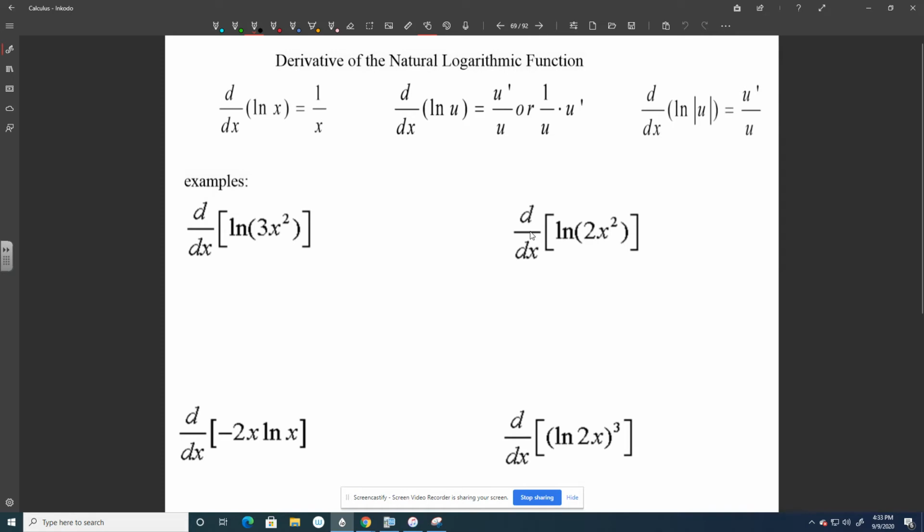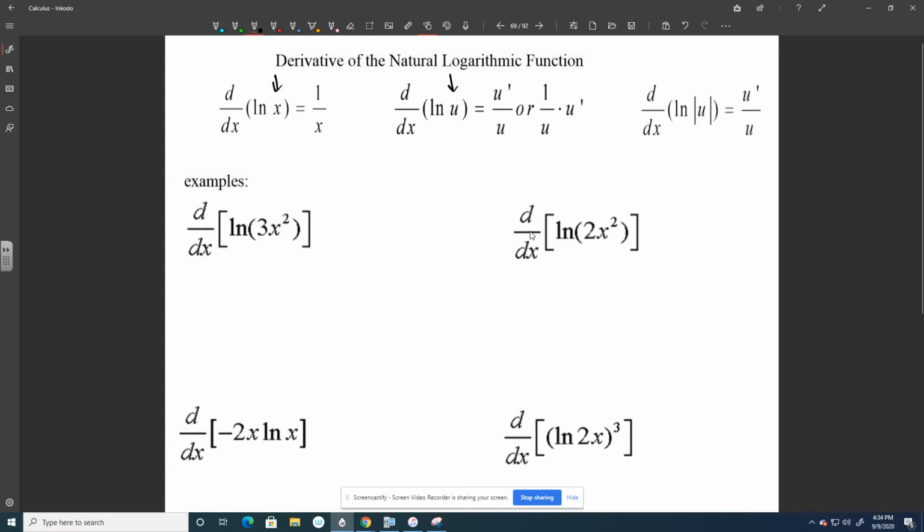Now, getting into the calculus, the derivative of natural logarithms and logarithm in general is awesome because the derivative of the natural log of x is just 1 over x. If I don't just have an x in there, if I have a function like 3x squared or 5 divided by x, I have 2 different forms of the derivative.